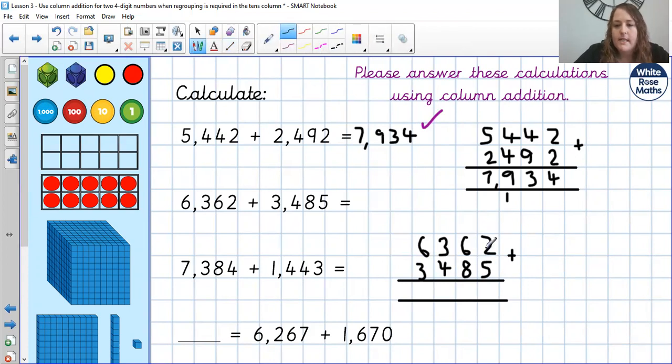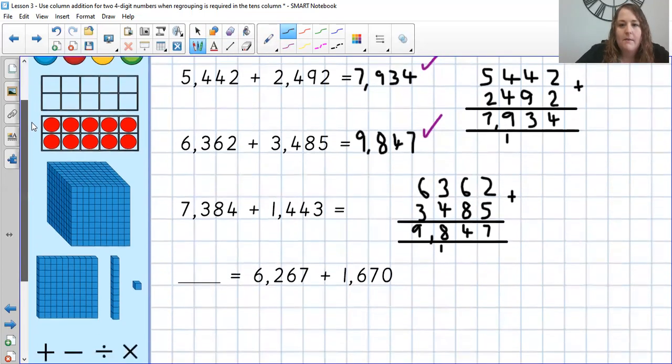Okay, starting from the right, starting from my ones, 2 add 5 is 7, 6 add 8, 6, 7, 8, 9, 10, 11, 12, 13, 14, 4 in my tens, regroup my 100, 3 add 4 is 7, add 1 more is 8, and 6 add 3 is 9. So if you got the answer 9,847, please give yourself a tick as well. Brilliant.